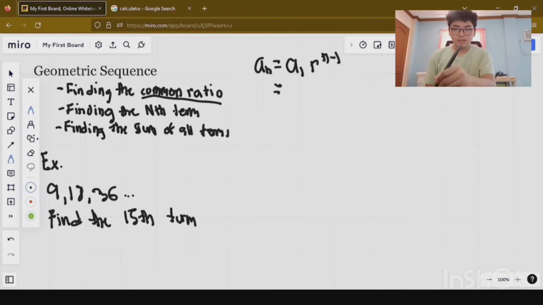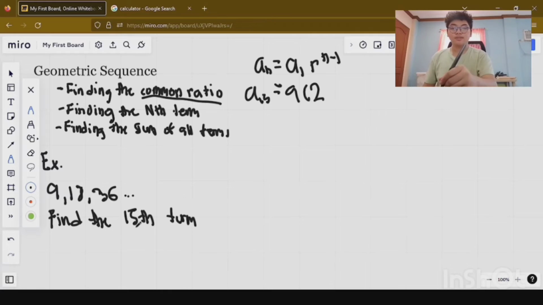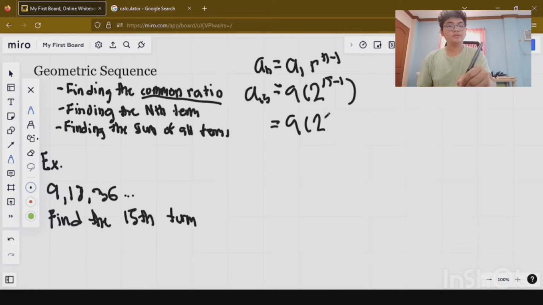Since 9 is our first term, we put 9 here. r is our common ratio, and from our past example, we know that the common ratio in 9, 18, 36 is 2. n is this 15 right here, so 15 minus 1. 2 raised to the power of 14, since 15 minus 1 is 14.